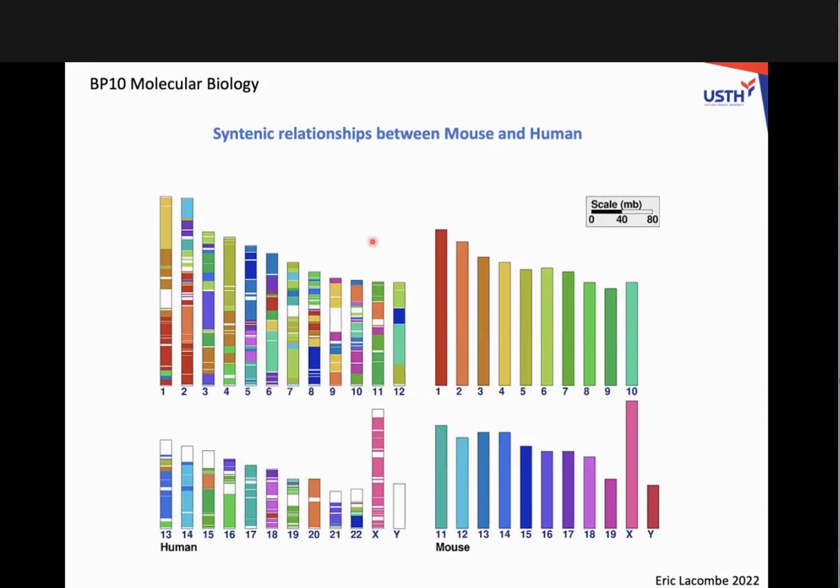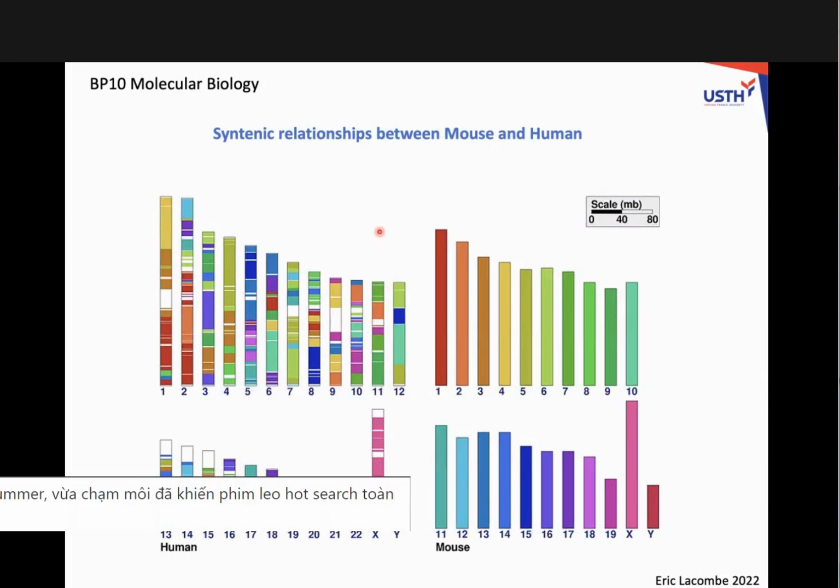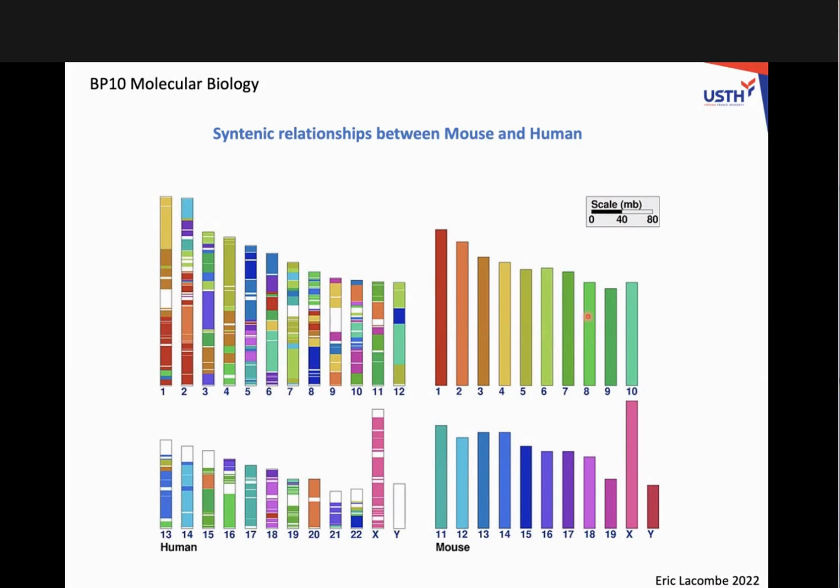So do you understand how to read this kind of graphic? Is it okay? Okay. So if you want to have a global analysis of this, if you check all the different bits of color, for example, the whole sequence contained in chromosome 1 in mice, you find it back in human, but it's not in one single chromosome. It will be located in different parts of different chromosomes.